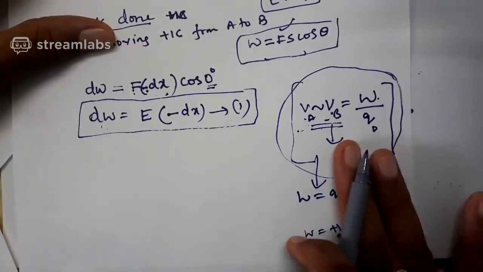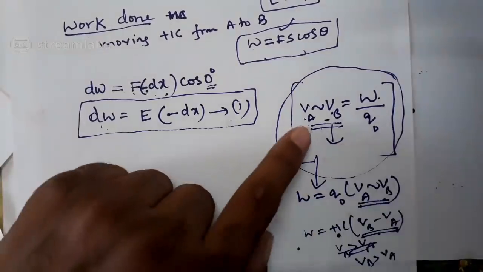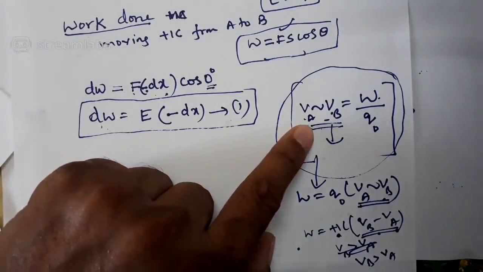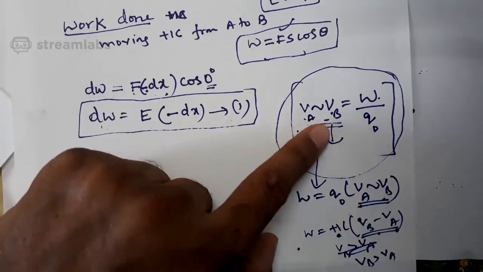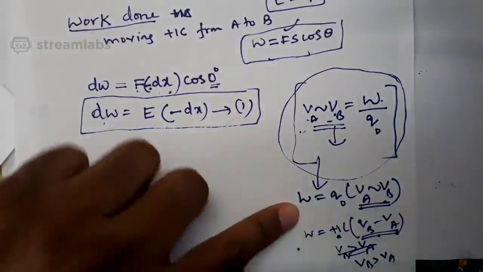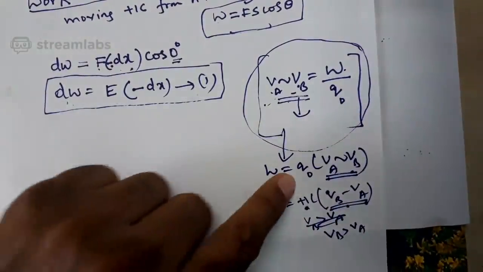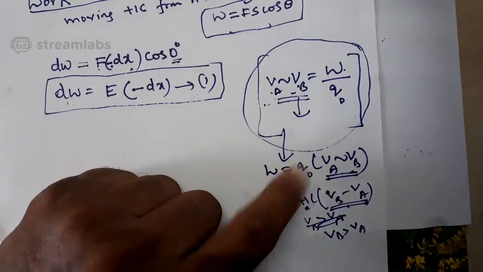Actually this point is given as a note in your study material. You can refer to it later. Again I'll repeat whatever I said. Keep in mind, concentrate. When you use this formula in working out problems, here I might have written VA difference VB, and when you rearrange the formula you get work done is equal to Q0 into VA difference VB. I am sticking to a definition where Q0 is a plus 1 coulomb charge, but in a problem the charge can be negative. That is a different thing.